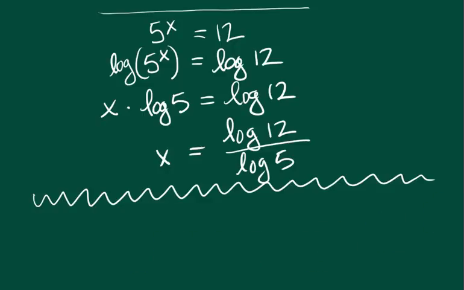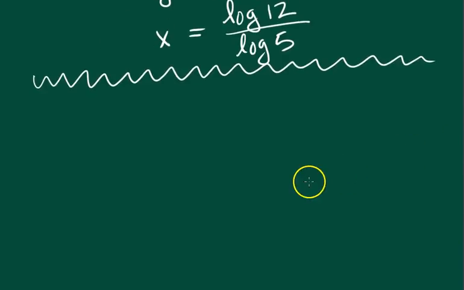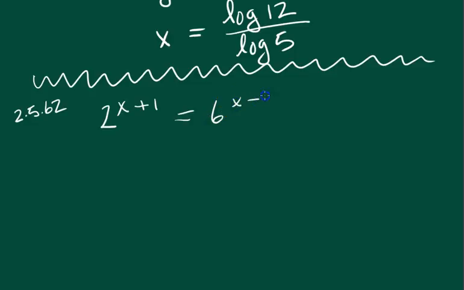Here's a kind of problem that I particularly like. An equation with different bases. So this is problem number 2.5.62. And it says 2 raised to the power x plus 1 is equal to 6 raised to the power x minus 1.